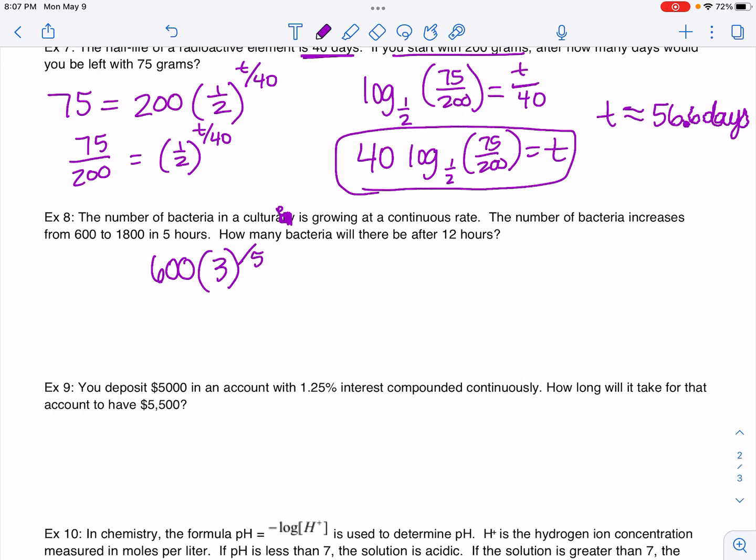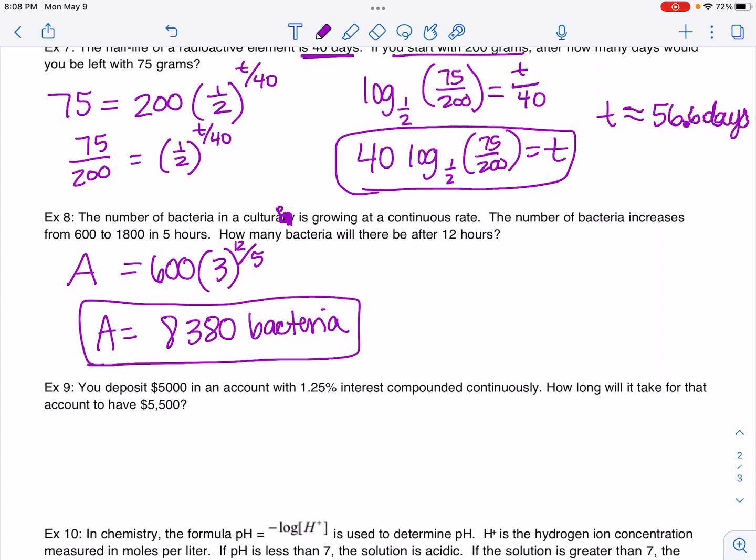It says how many bacteria will there be after 12 hours? So I'm actually trying to find that amount after 12 hours. We actually are not solving for an exponent here. This is just straight up plug it into the calculator and get your answer, which is 8,380 bacteria we have in 12 hours.